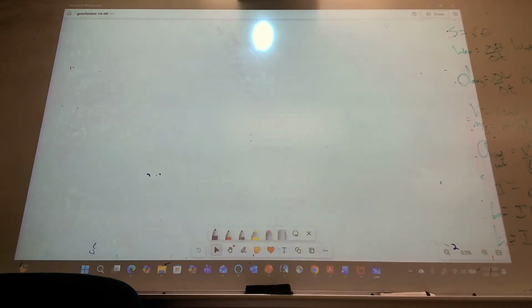Okay, so basically they're saying, what's the weight when the astronaut goes 600 kilometers above the Earth's surface? The person's going to feel lighter.